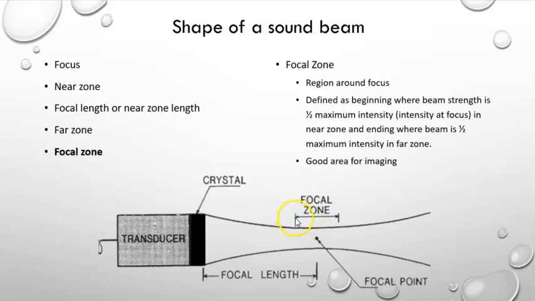The focal zone begins at 1/2 of that maximum intensity and ends at 1/2 of that maximum intensity. So the focal zone is considered the region around the focus where you have 1/2 the maximum intensity at the beginning and end of it. This is a very good area for imaging because the beam is the narrowest.